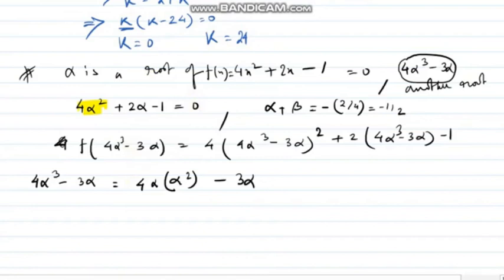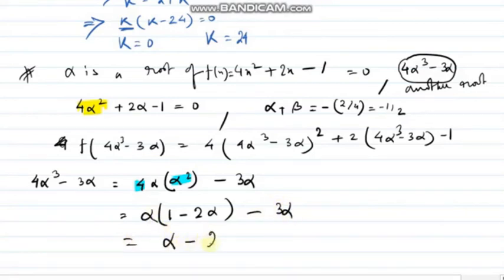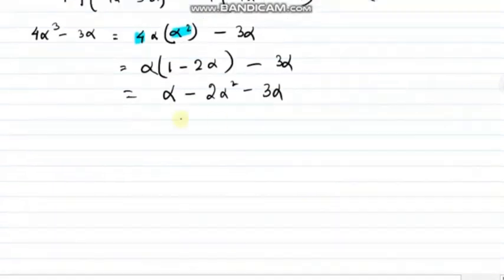So in place of 4 alpha square, can we write alpha into 1 minus 2 alpha? Right? Minus 3 alpha. So if I multiply this, I will get alpha minus 2 alpha square minus 3 alpha. Hence it will become minus 2 alpha square minus 2 alpha. Right?